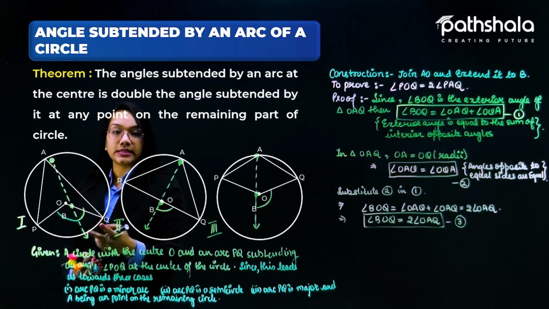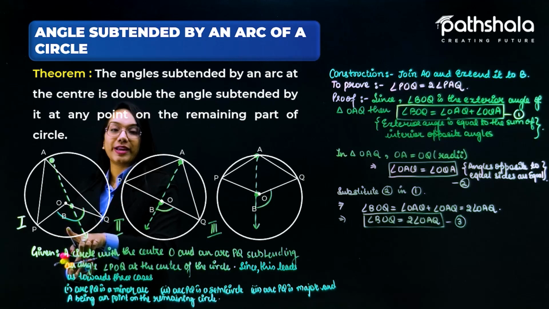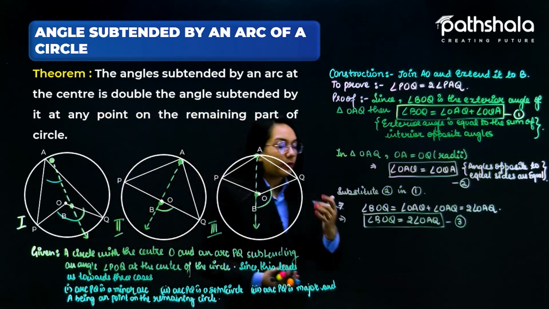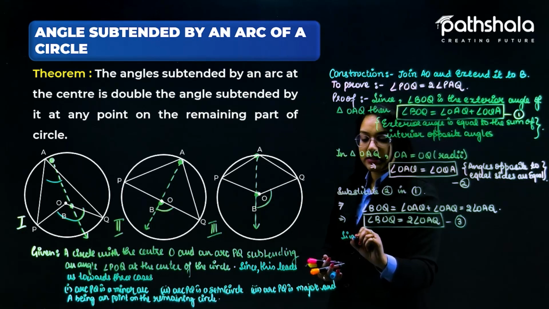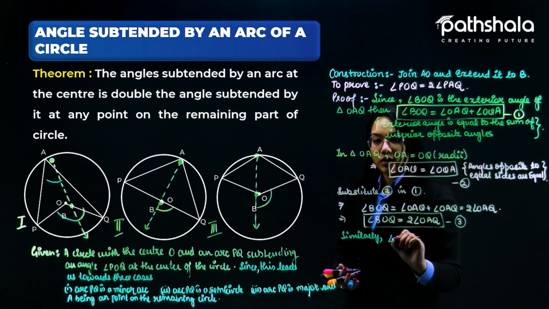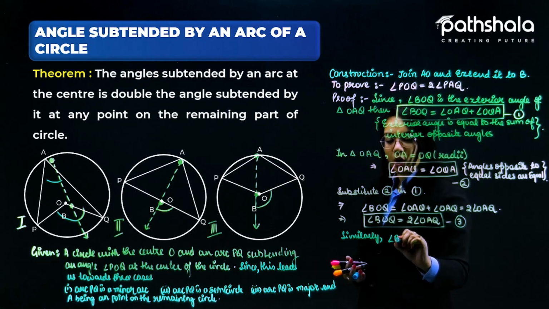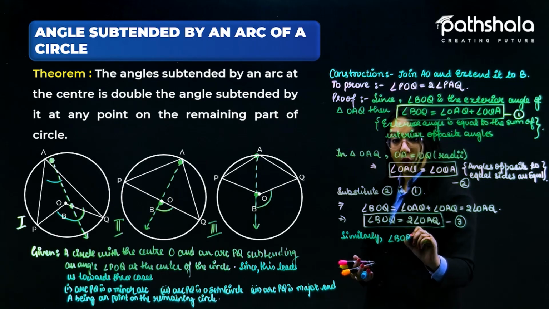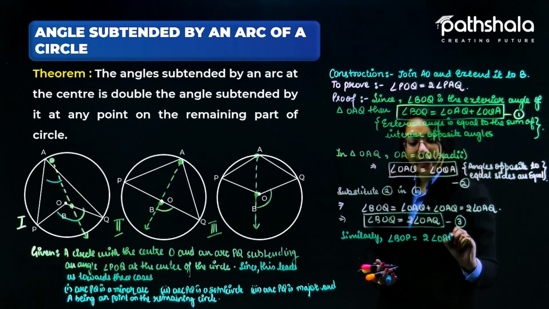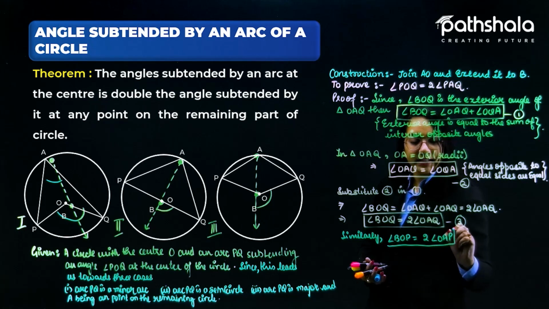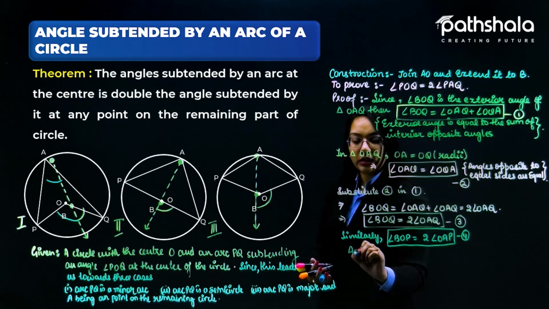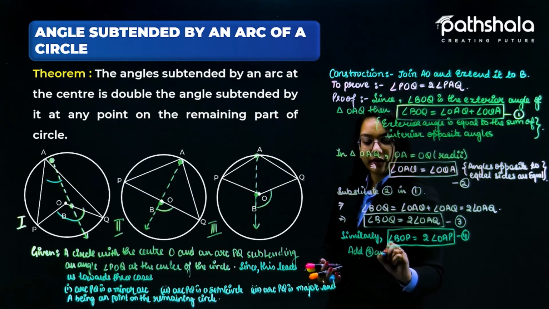So in the similar sense, this angle would also come out to be double of this particular angle as well. So what we can say over here, similarly, the angle BOP should be equal to twice the angle OAP. Let us suppose I am calling it 3. Add 3 and 4.